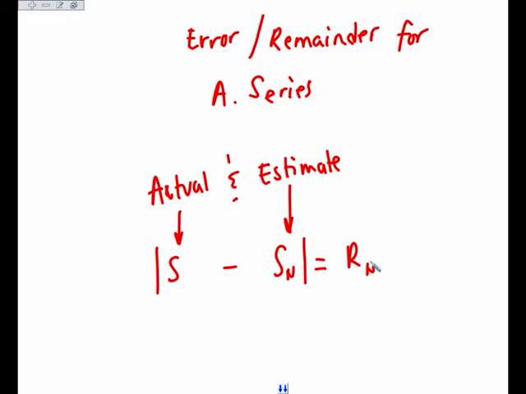And so what we can do is get that remainder as accurate as you would like it to be, and we're going to utilize a very special quality when it comes to alternating series. Now, let's go ahead and get ready to write some notes here.